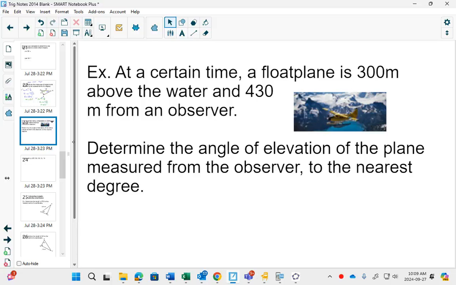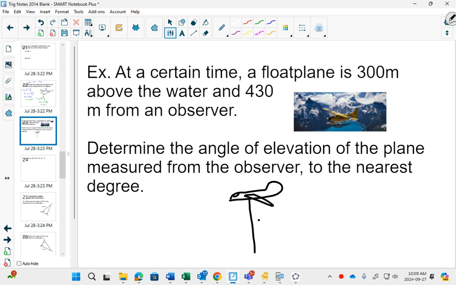The plane is up in the air, the observer is over there, and so based on that, here we've got our plane. I like it. There's our plane. It's 300 meters above the water.